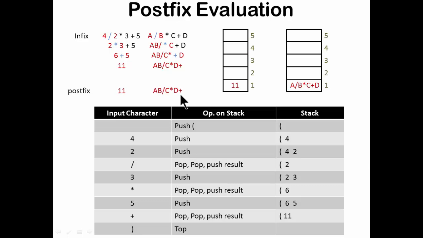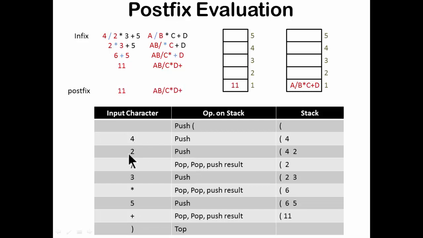If we see it in terms of the table, you will find that the input characters are 4 2 / 3 * 5 +. See, the values are written over here. Initial left parenthesis, appended right parenthesis in the postfix expression.